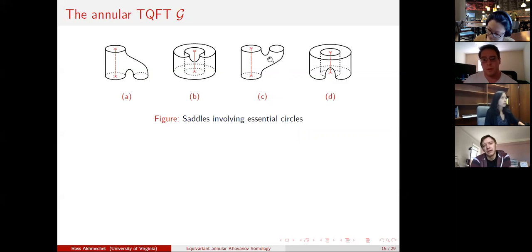Yeah, of course, and you have to check these. In the background, you have a map into S1. It's sort of a TQFT with background space K(pi 1, 1), with a map into K(Z,1) in the background.